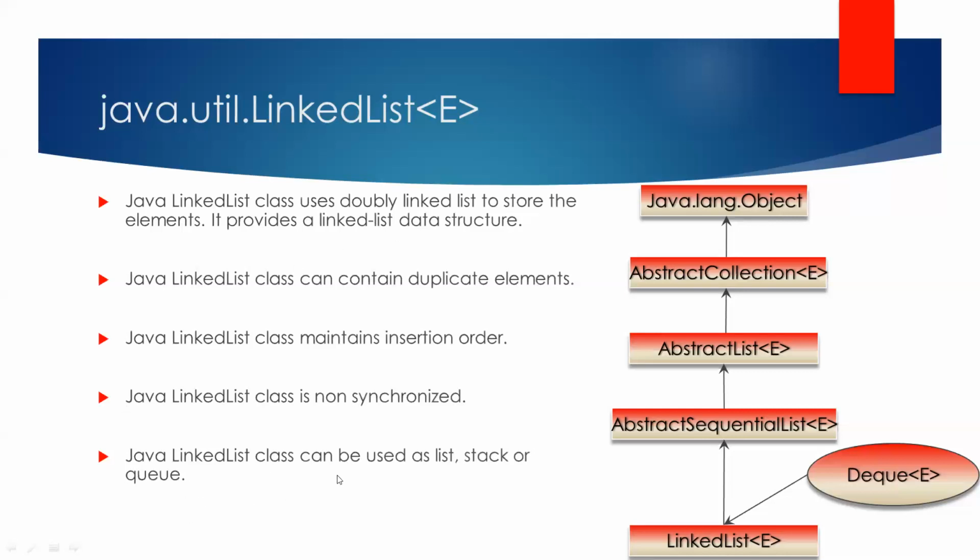Java linked list class can be used as list, stack, or queue. So we can use it. It provides these two facilities: it stores the elements and it provides the linked list data structure. Doubly linked list means we can perform the operation from both directions.